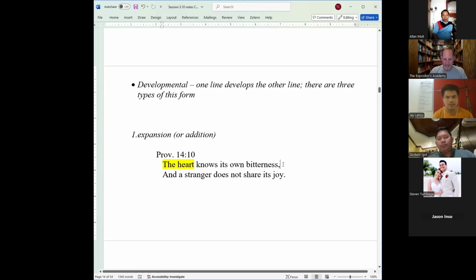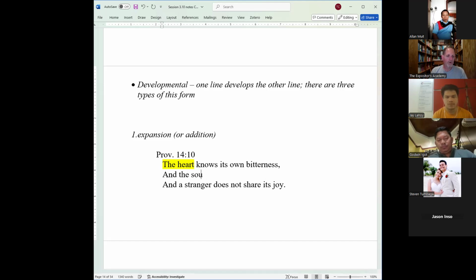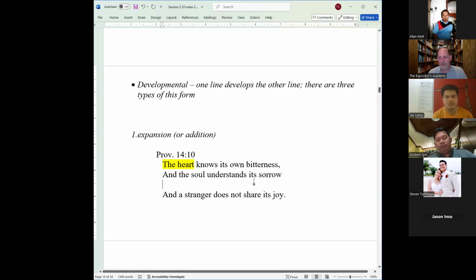If it had said that, this would be synonymous. Heart, soul, knows, understands its own bitterness, its sorrow. You see that? That would be presenting a similar idea in both lines.